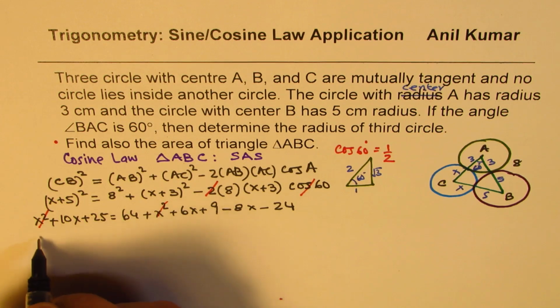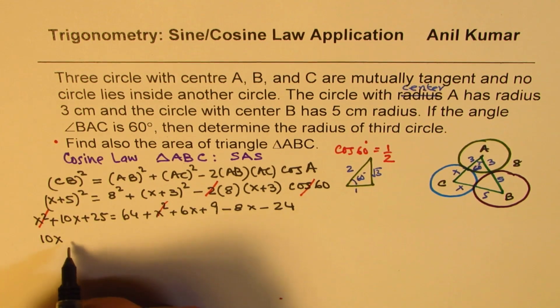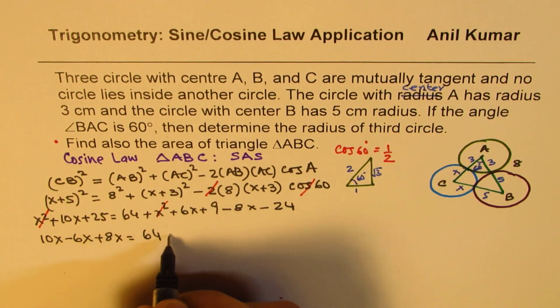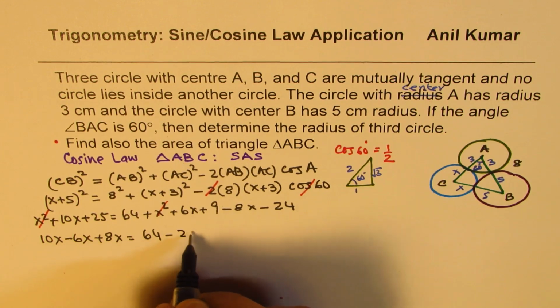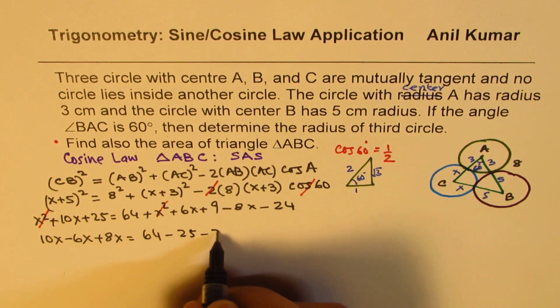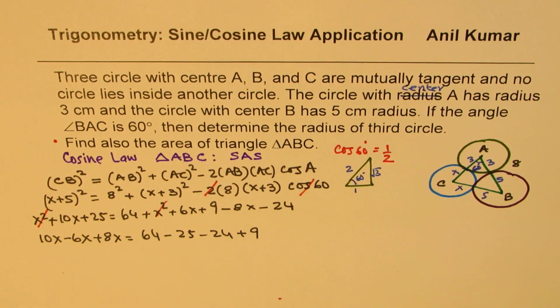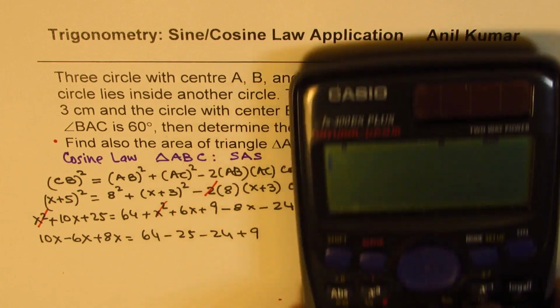So we have 10x minus 6x plus 8x. And the numbers on the other side, 64 minus 25 minus 24, and we also have plus 9. Okay, all these numbers. So let's use a calculator to find x now.